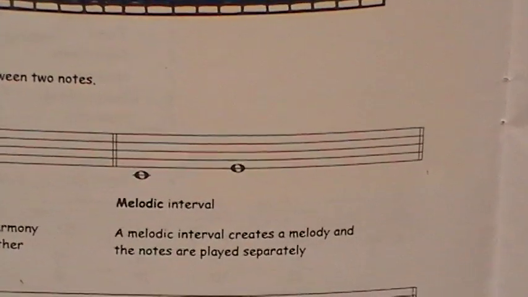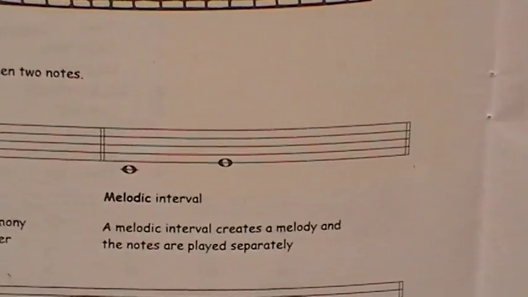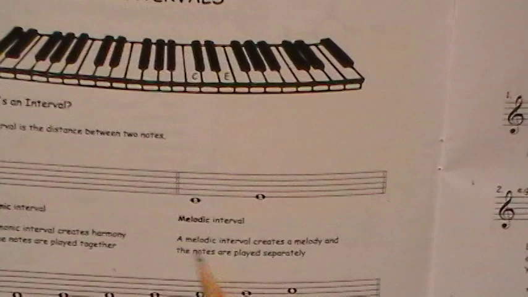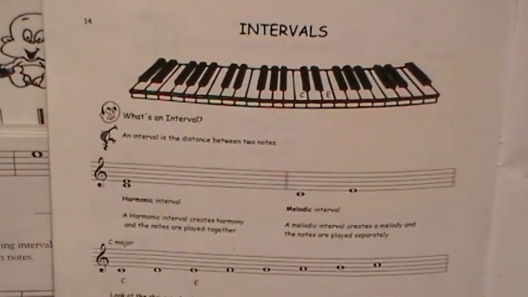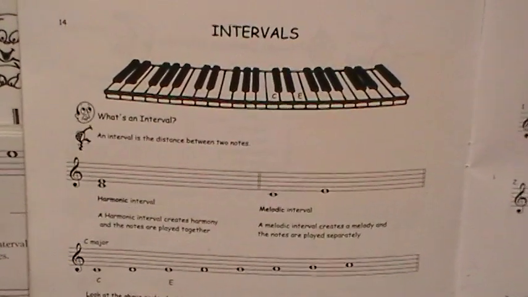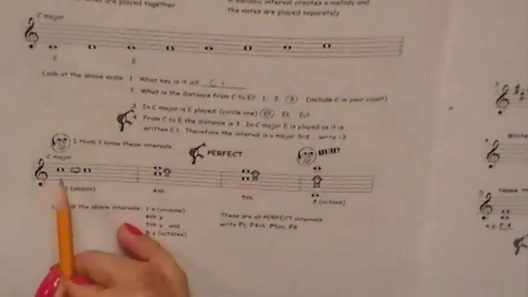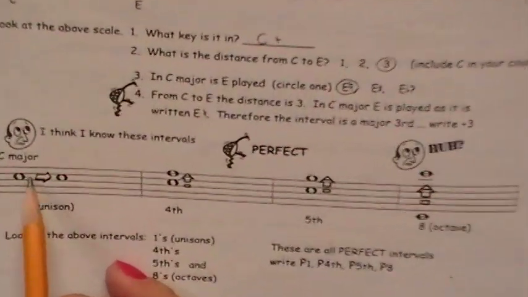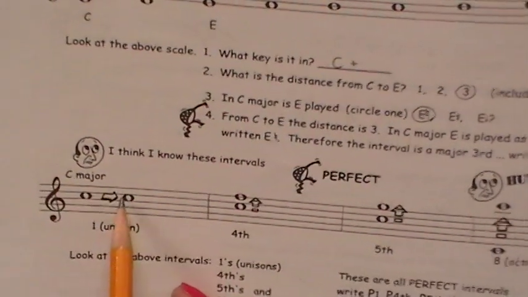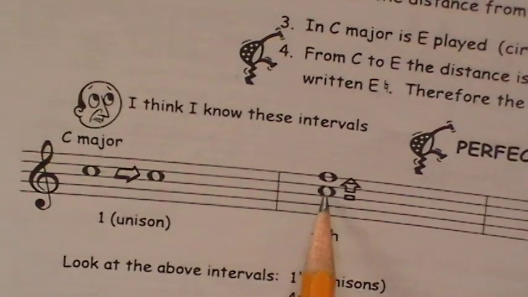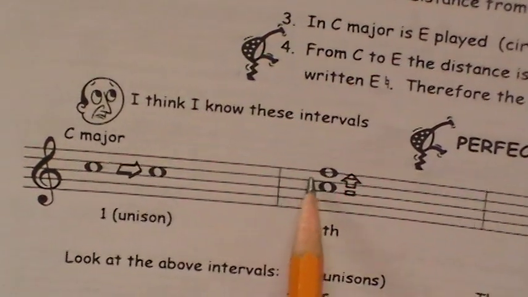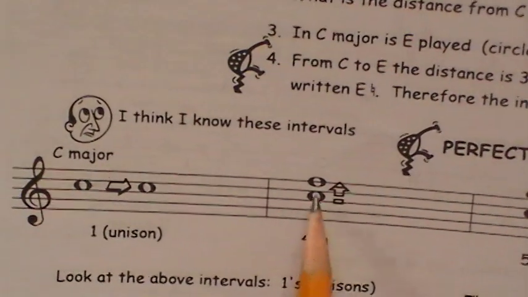Now, what we have to know for this basic theory exam are intervals: major, minor, and perfect. So let's talk about perfect first. We can come down here. From C to C, that's called a perfect one or a unison. A perfect fourth: we count the note, 1, 2, 3, 4, then every line and space.